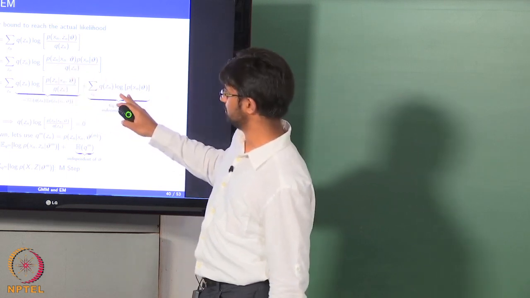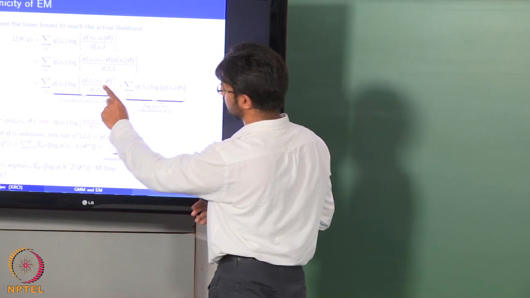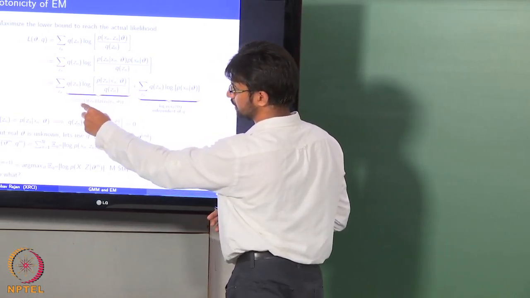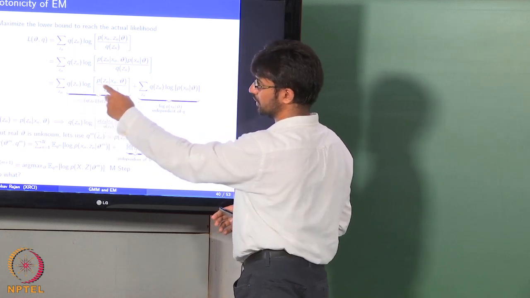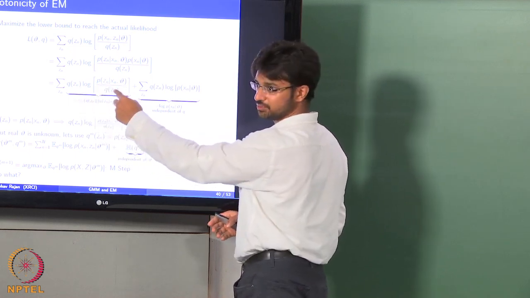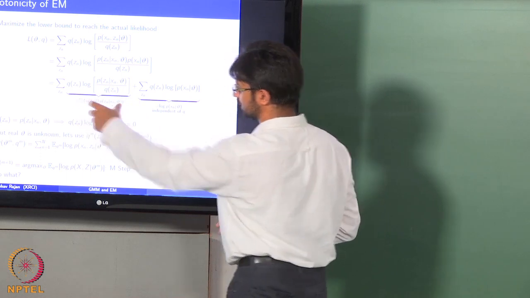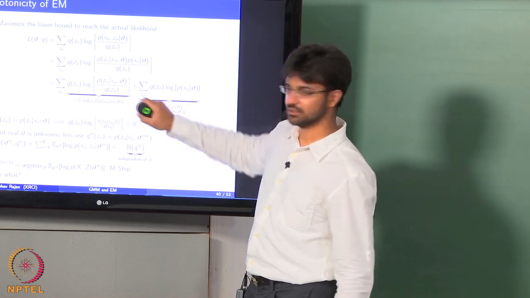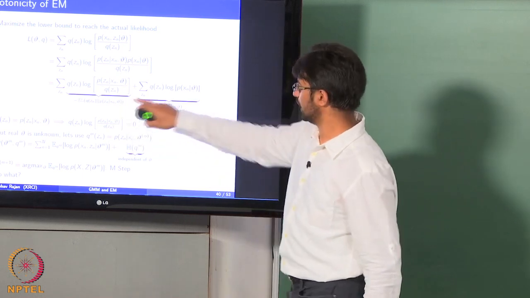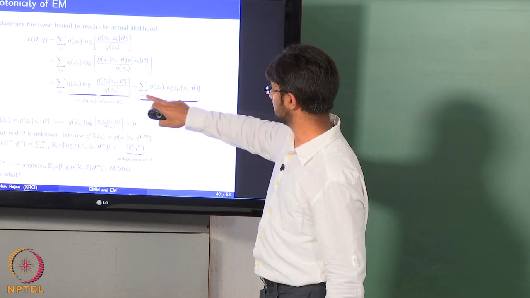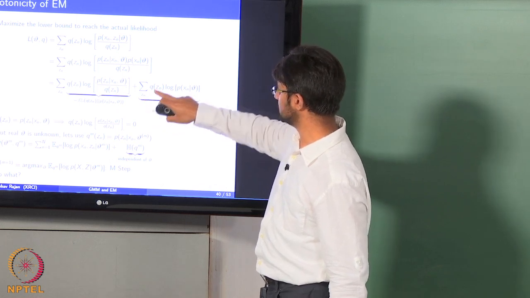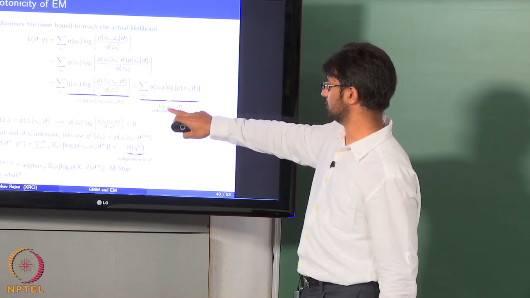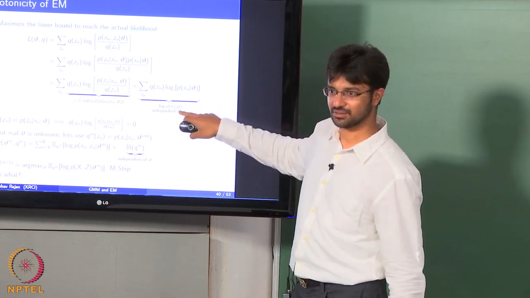Then I separate it out in a different way this time, and what we get here is a term which is just the Kullback-Leibler distance between q(zn) and this distribution. It's the negative of the KL divergence between q(zn) and the probability of zn given xn and theta. And this other term, summing over all zn, is independent of q, and we just get the logarithm of the likelihood back here.